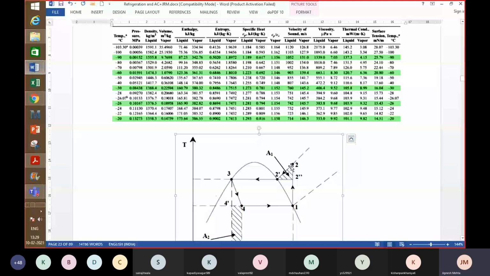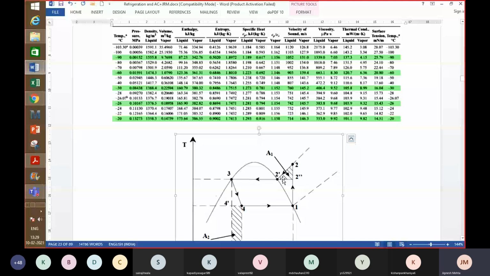So there is a little bit of de-superheating, that is cooling of the superheated vapor, and then it becomes saturated at the same pressure. Here again, my assumption is that there is no pressure drop in the condenser or in the evaporator. So the pressure remains constant throughout the de-superheating and condensation process.